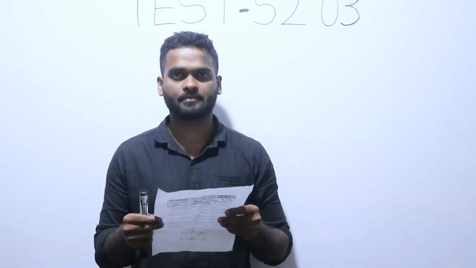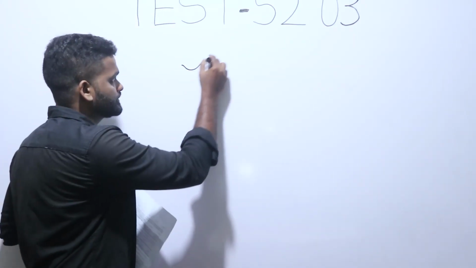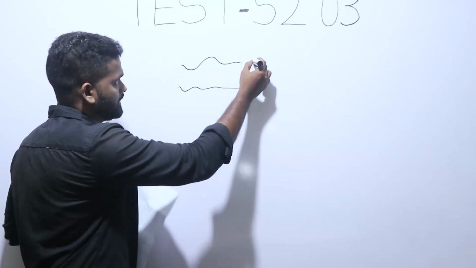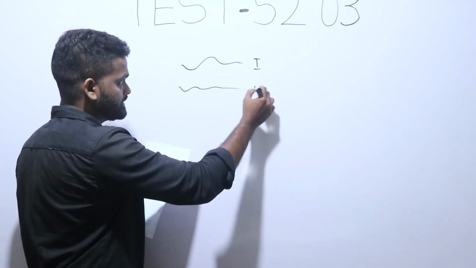11th question. Maximum and minimum intensity of a wave due to superposition of two waves of the same frequency with intensities I and 4I. So we have two waves. One has intensity I, another one has intensity 4I.